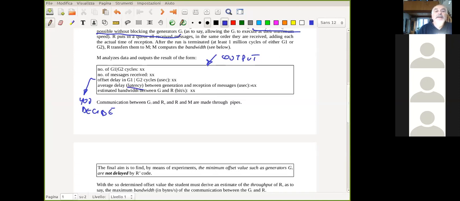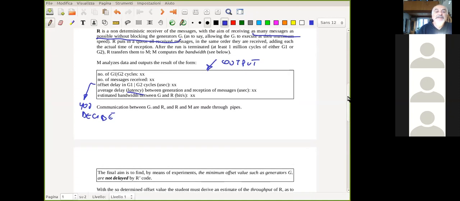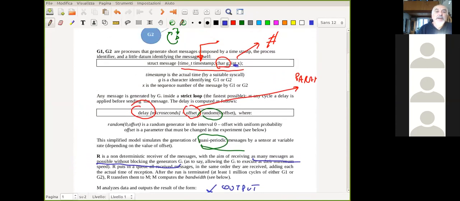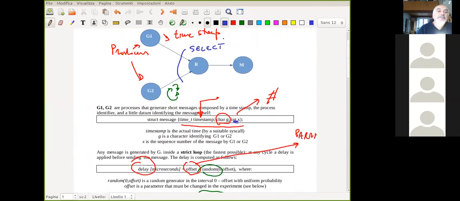How can you compute the latency, what is called latency? So an absolute delay, because you have the timestamp, so the time in which the message was generated and delivered, and the time in which the same message is received.